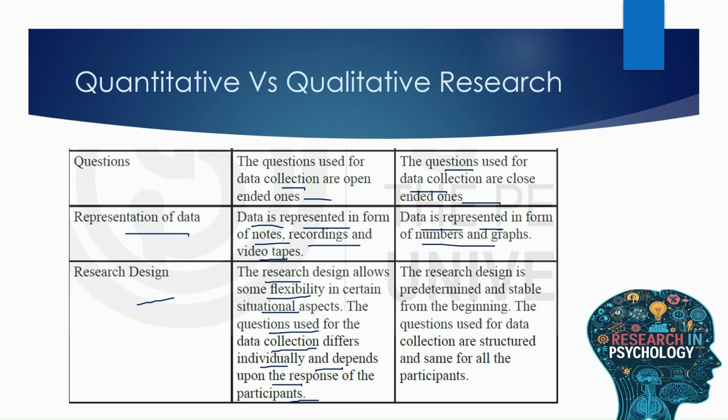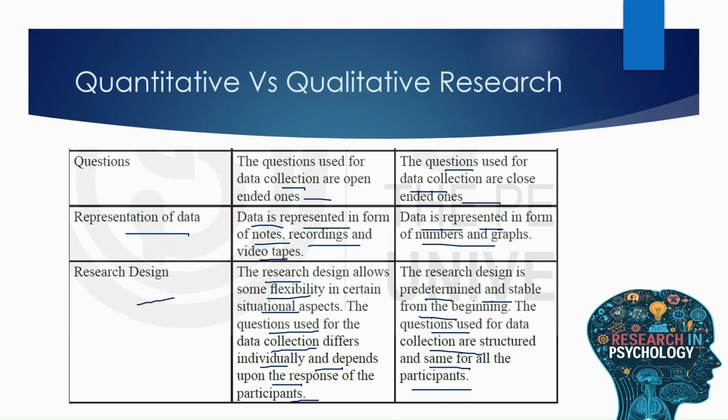Under quantitative research, the research design is predetermined or pre-planned. There is very little scope where you can veer away or show any flexibility. This is all predetermined and stable from the beginning. The questions used for data collection are structured and same for all participants. While in qualitative research design, it's not strictly structured.